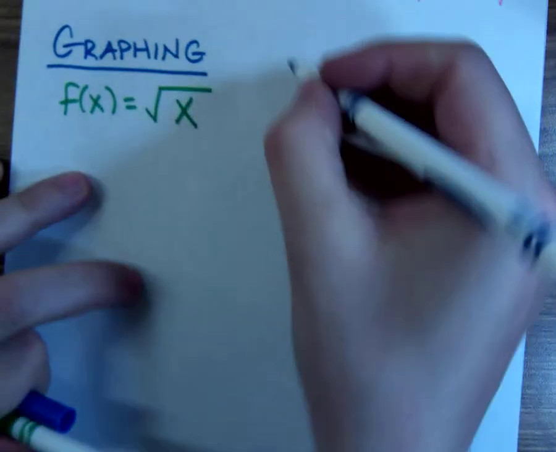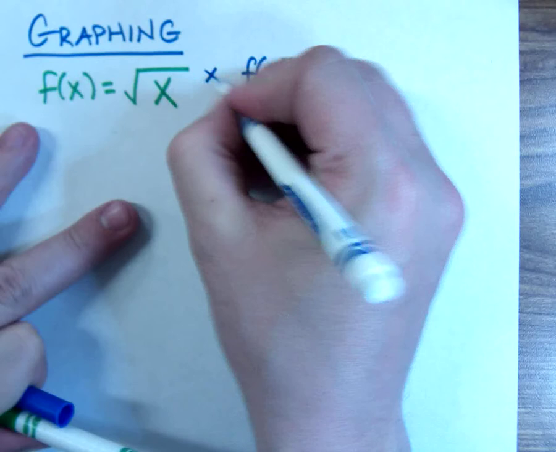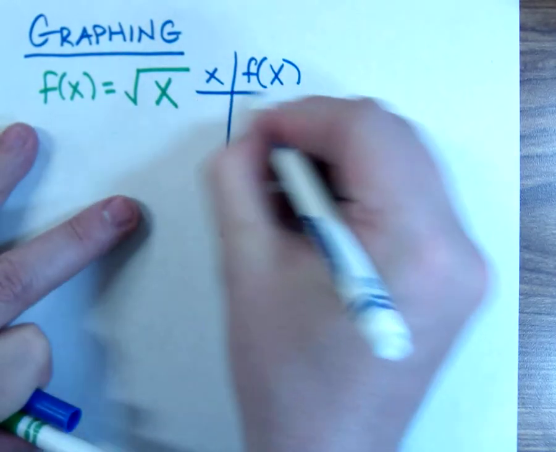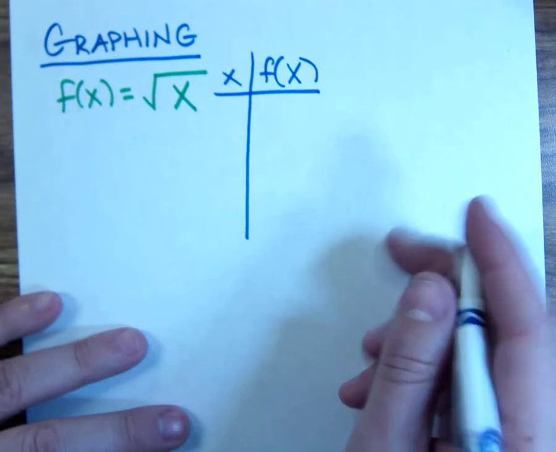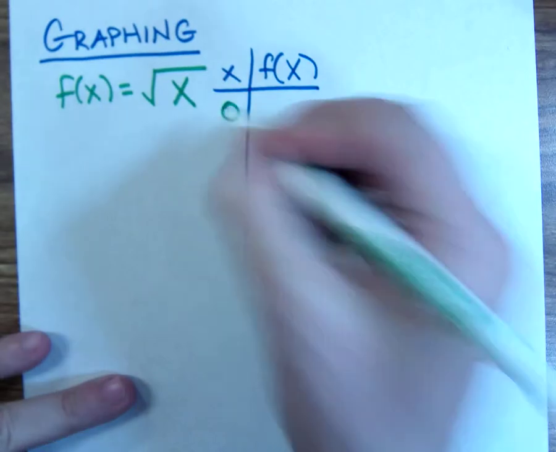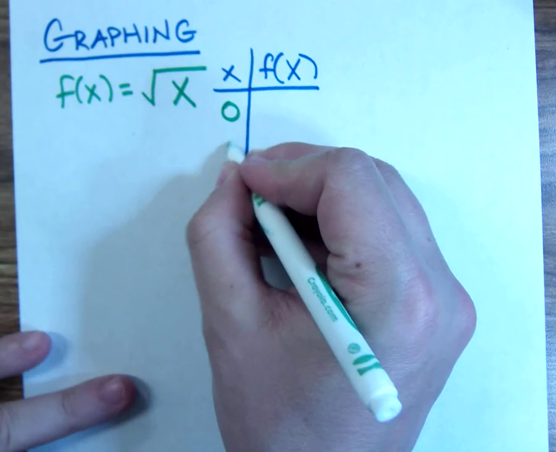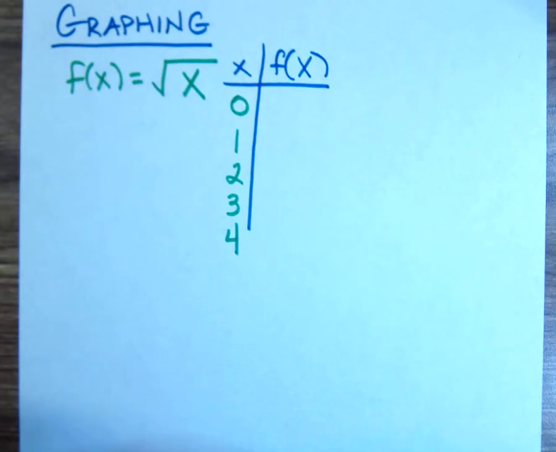So when I make my chart, my T-chart that everybody loves, and I'm substituting in values for x, the lowest I ever have to go is 0. 1, 2, 3, 4. That seems good.